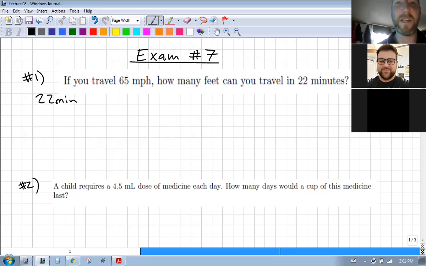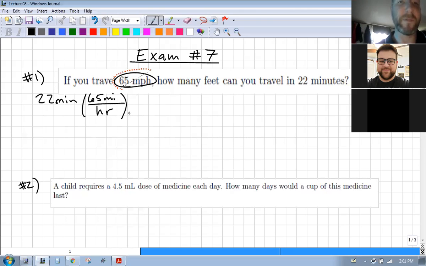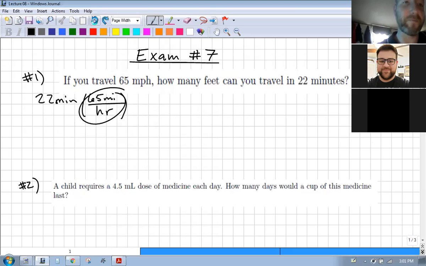But we want to convert that to feet, knowing that 65 miles is the same as an hour. So this is our smart one. This is just a big number 1 right here. And you see we have time over time. The time will go away and leave us with length, but we need length in feet.